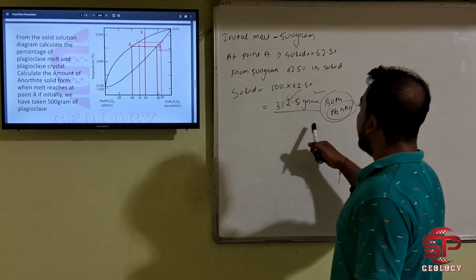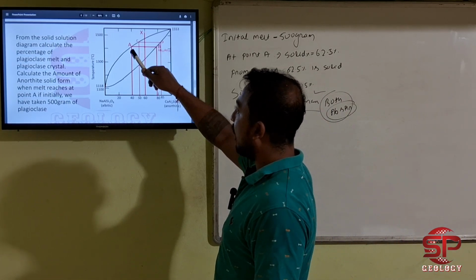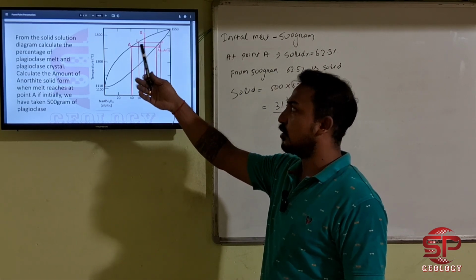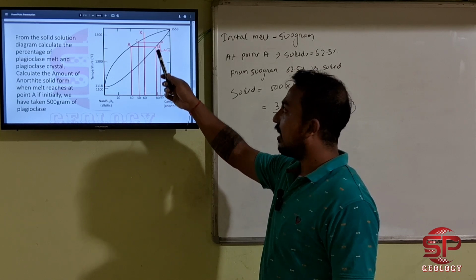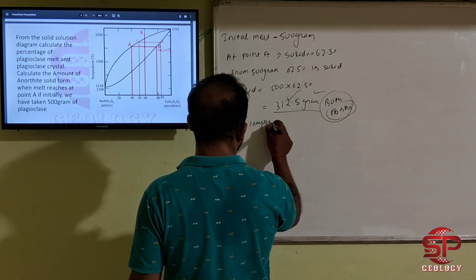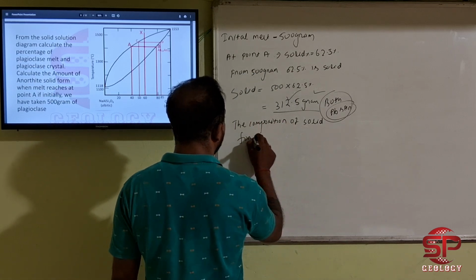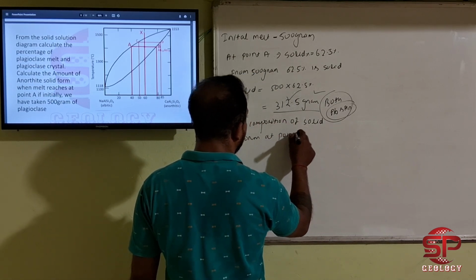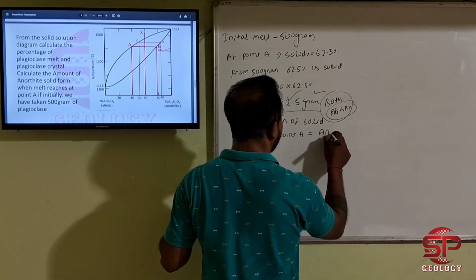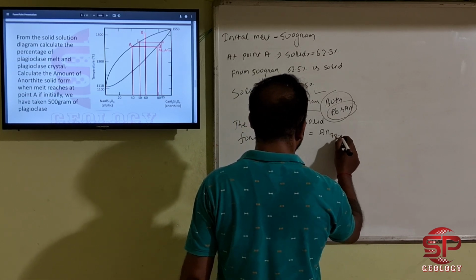So the amount of anorthite here we will know from the composition of the solid. At point A, the composition of the solid that forms is given by the tie line at point B. So the composition of solid formed at point A is anorthite 78%.